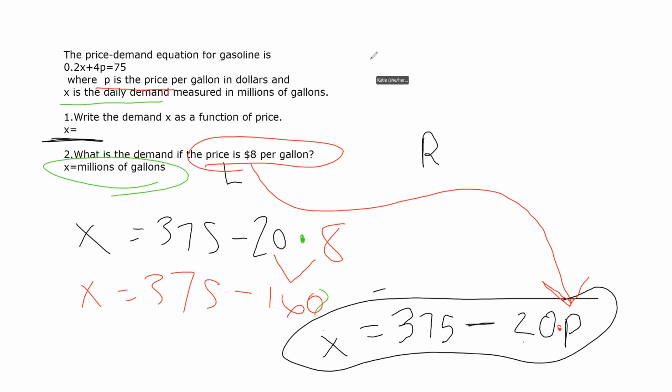I'm still going to check on my calculator because I'm human. It's 160. 375 minus 160 equals 215. And remember, that is in millions of gallons.